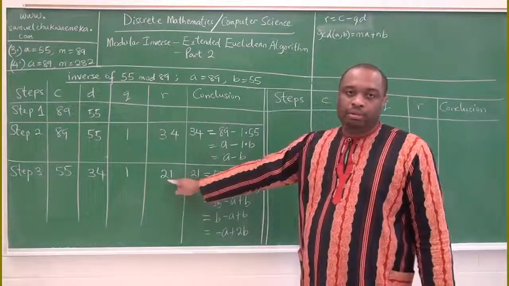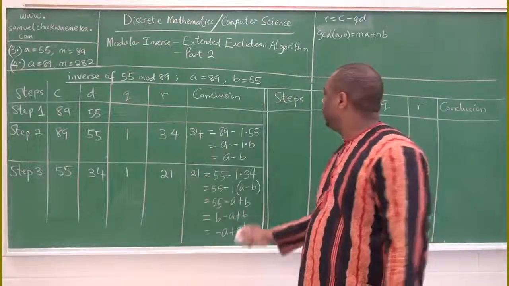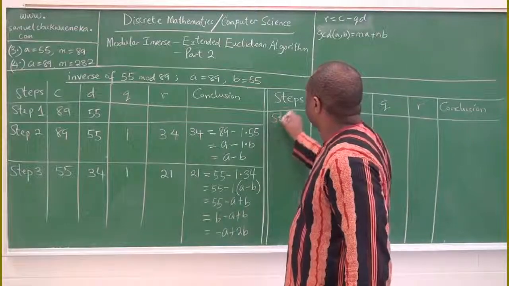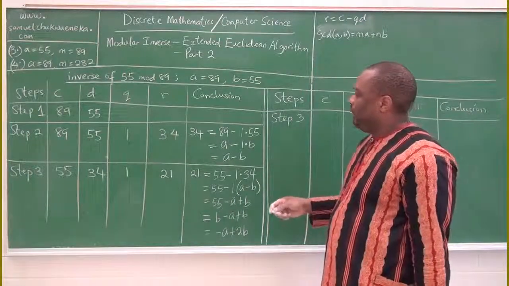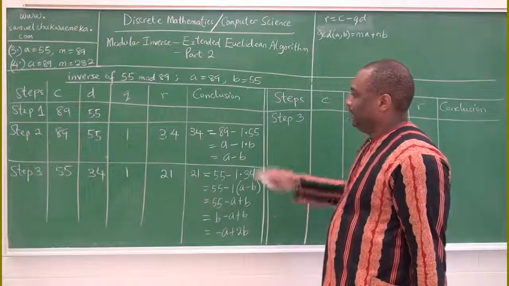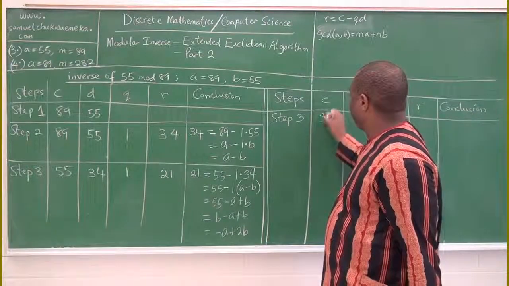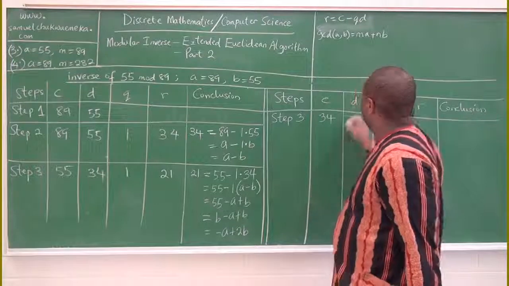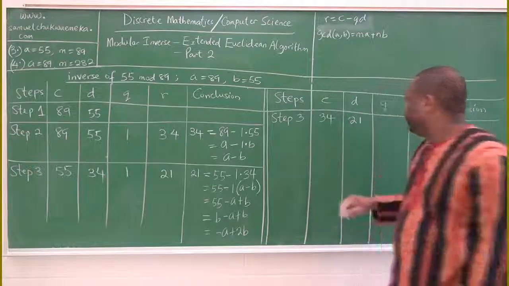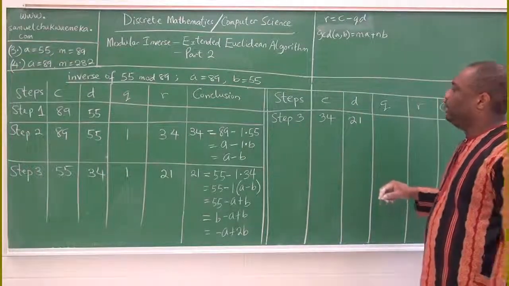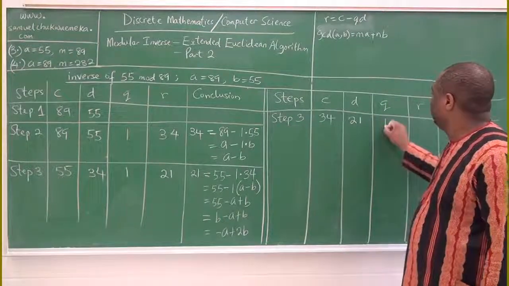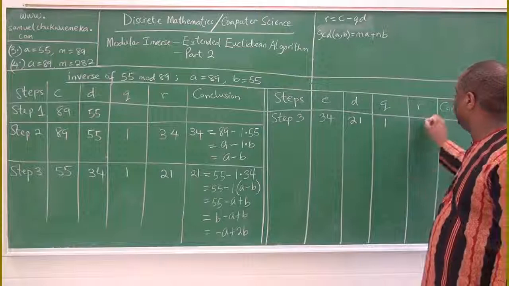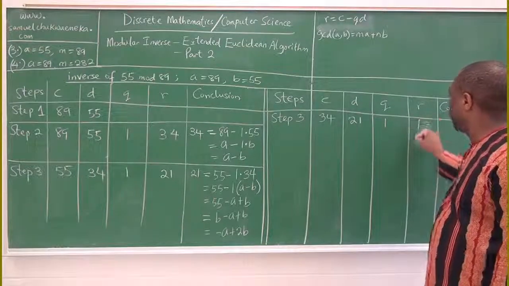Our R is 21, it's not 0 yet, so we have step 3 again. Our D is now C, which is 34, and our R, 21, is now D. 34 divided by 21 gives you 1. Remember, 4 minus 1 is 3, 3 minus 2 is 1.